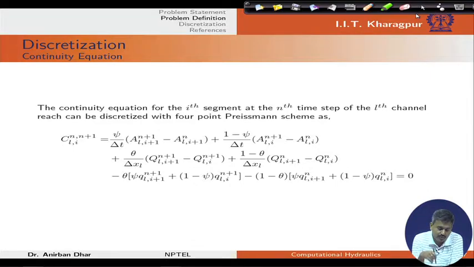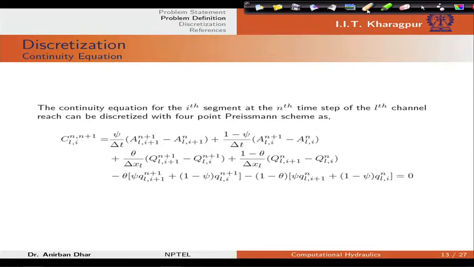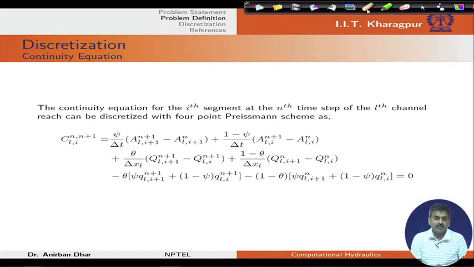So, to utilize this equation in our general Newton-Raphson format, we need to take derivative with respect to 4 variables. So, what are these 4 variables?